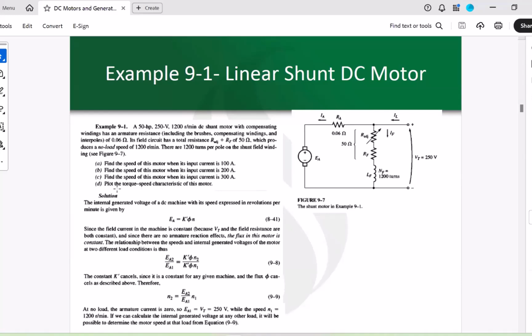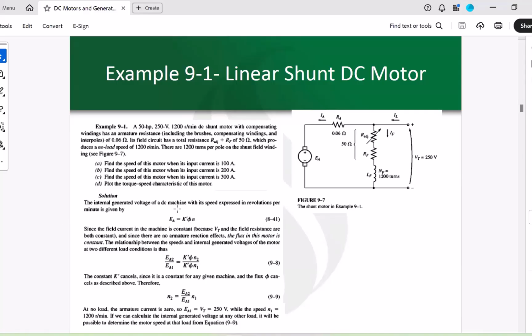Finally, we want to be able to plot the torque speed characteristic of this motor, and we're assuming that there is no armature reaction. Now let's go over this. I also have the MATLAB code provided for this example that we can go through after we read the descriptions. So, solution.